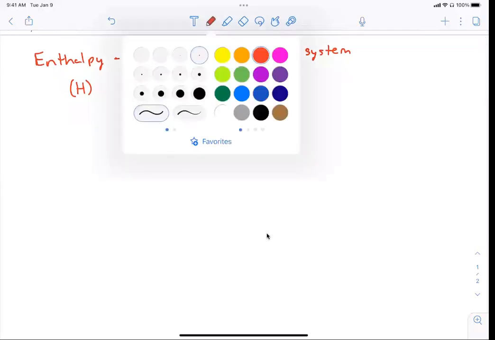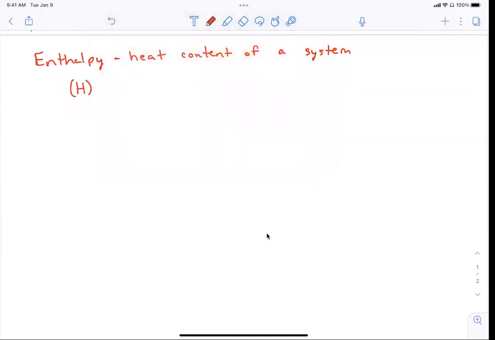What we care about is the delta H, which is the change in enthalpy of a reaction. We care about how much heat energy changes from the reactants to the products of a reaction. That's our big idea here.